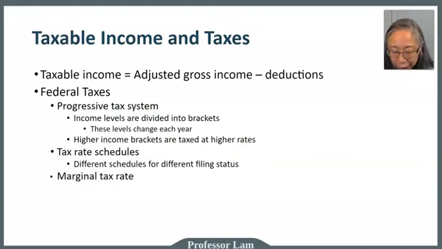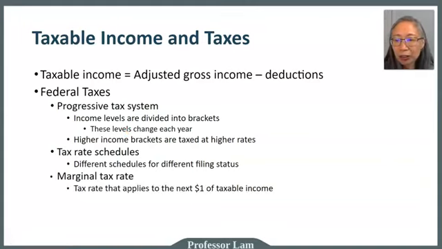Because we have different tax brackets, it's important to understand the difference between a marginal tax rate and an average tax rate. So the marginal tax rate refers to the tax rate that applies to the next dollar of income that you earn, or the taxable income. So not just income you earn, but the taxable income. So taxable income is adjusted gross income, AGI, minus deduction.